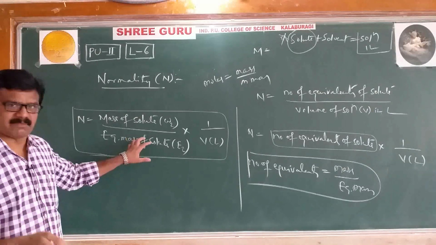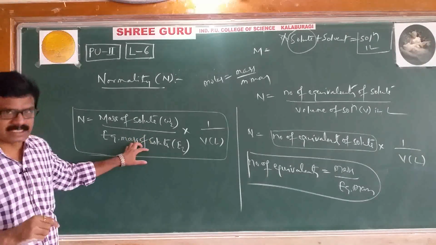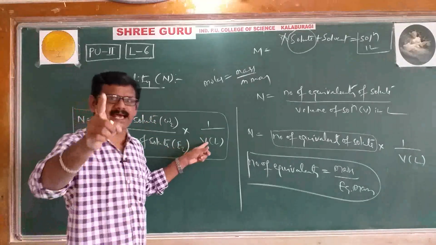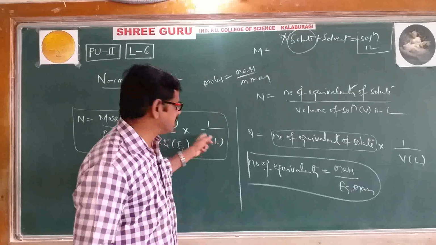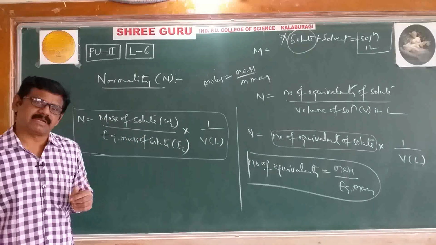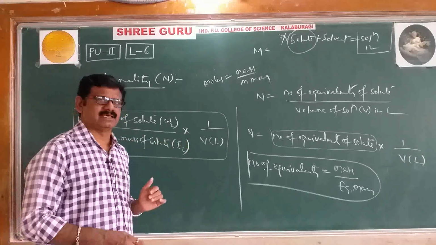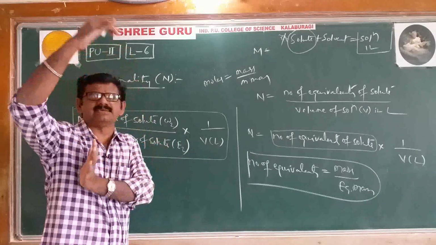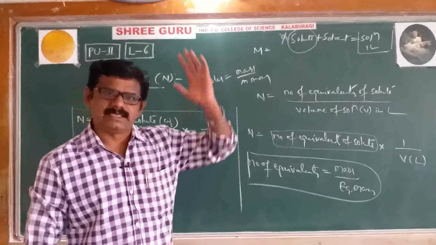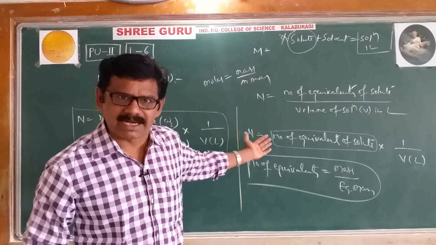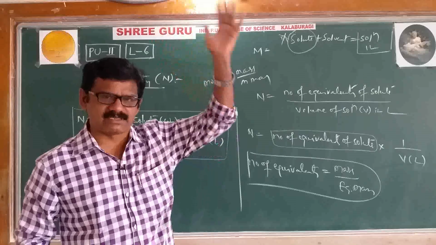Again, one important point: if the volume is given in liters, then only we have to use this formula. Sometimes the volume will be given in milliliters. This concept is quite similar to molarity, where I already explained that conversion, so once again I am not explaining it, you just refer to that video.